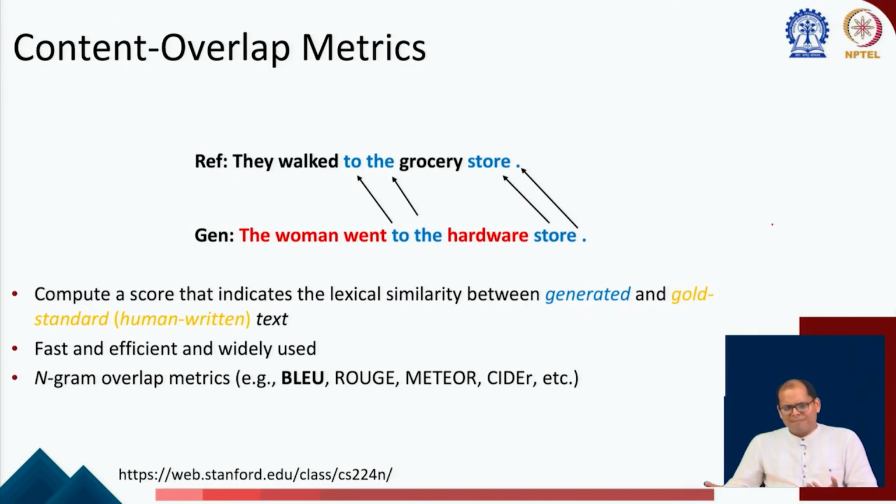So content overlap metrics are very standard. They are used in machine translation and other kinds of tasks as well. We will see that in summarization when we discuss that. So what they do, they compute a score that indicates the lexical similarity between the generated output and the gold standard, right? So how similar they are, and this is very fast and very widely used.